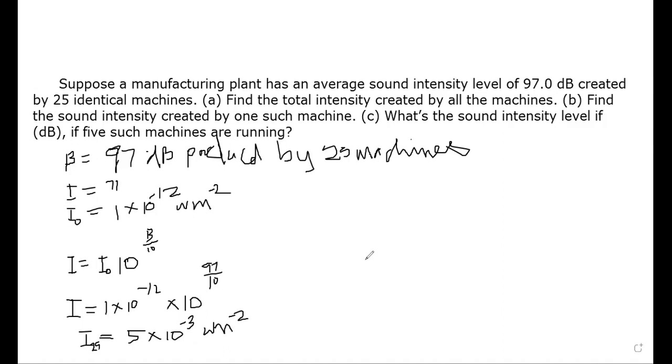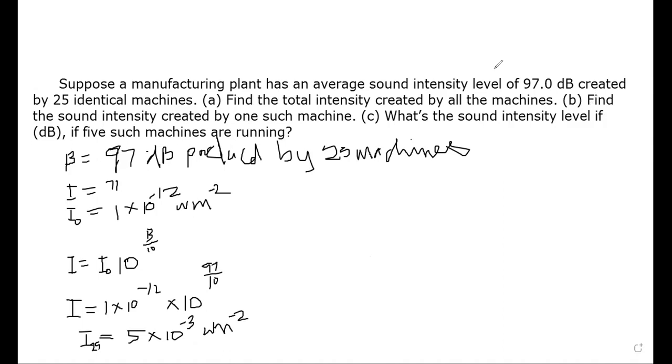Okay, let's check the next question. The next question says, find the sound intensity created by one such machine. So if 25 machines produced this intensity, what value would one of them produce?